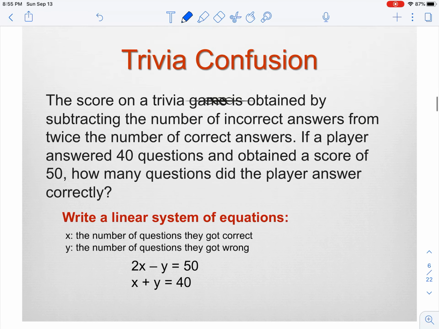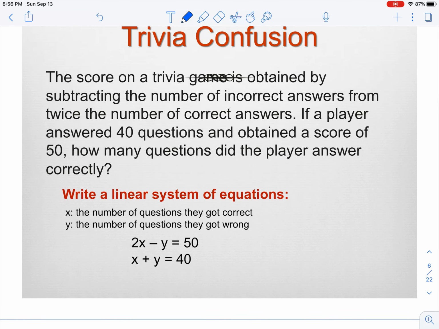So to begin with, a problem. And remember, word problems I think are some of the most challenging. I won't make you set this one up, but you will get some problems like this that you will have to set up. So try to think with me how I came up with these two equations. The score on a trivia game is obtained by subtracting the number of incorrect answers from twice the number of correct answers.